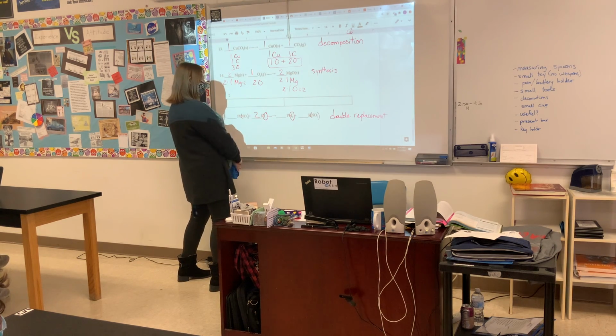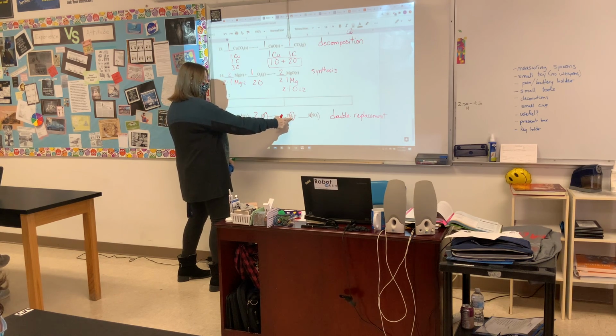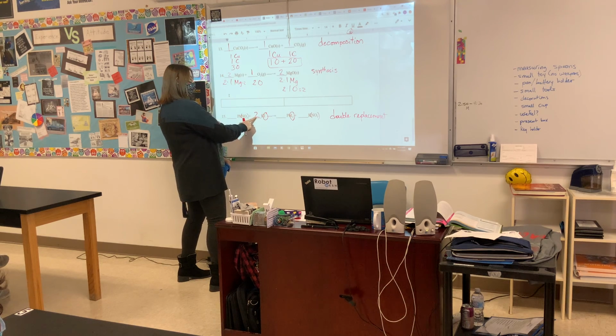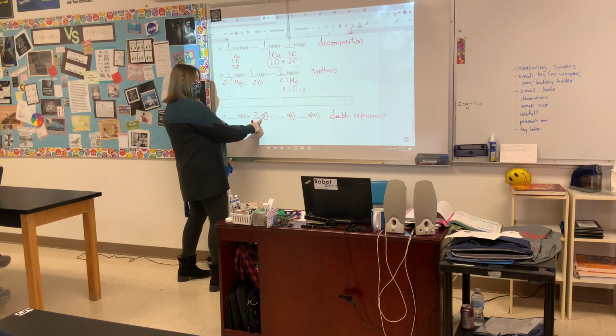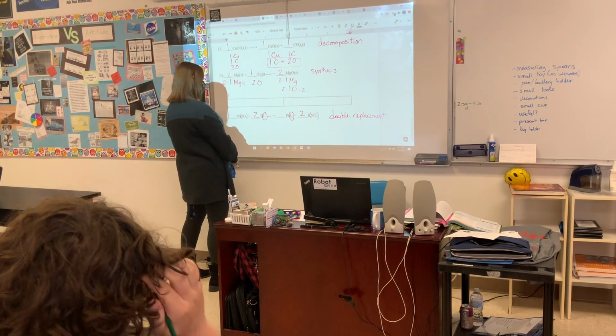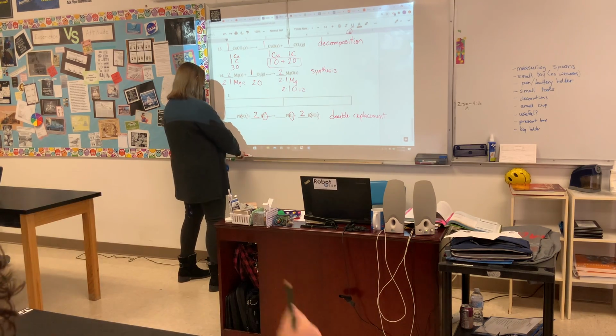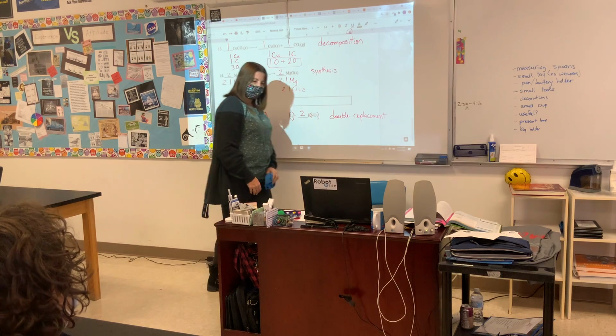So, we know that we need a 2 here, because we have 2 there. 2I, 2I. This produces 2 potassium, so I need 2 potassium. I'm wondering whether I need to double check that equation.